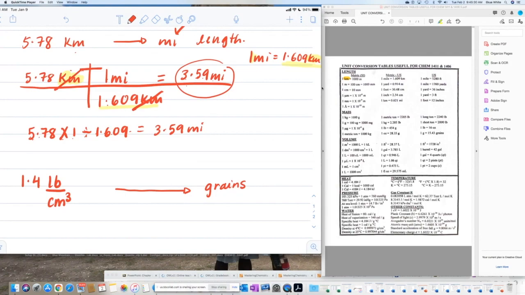The ones that are on the bottom have to be divided. If you put it in your calculator like this, 5.78 times 1, and then, since this is the only number you have to divide. Does that make sense? Yes. All the top ones you multiply, all the bottom ones you divide. It makes it so much easier if you do it that way.